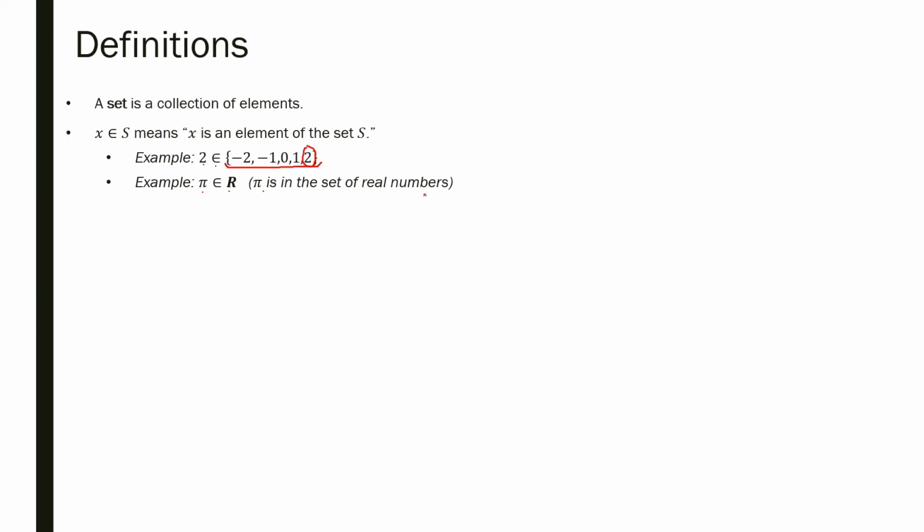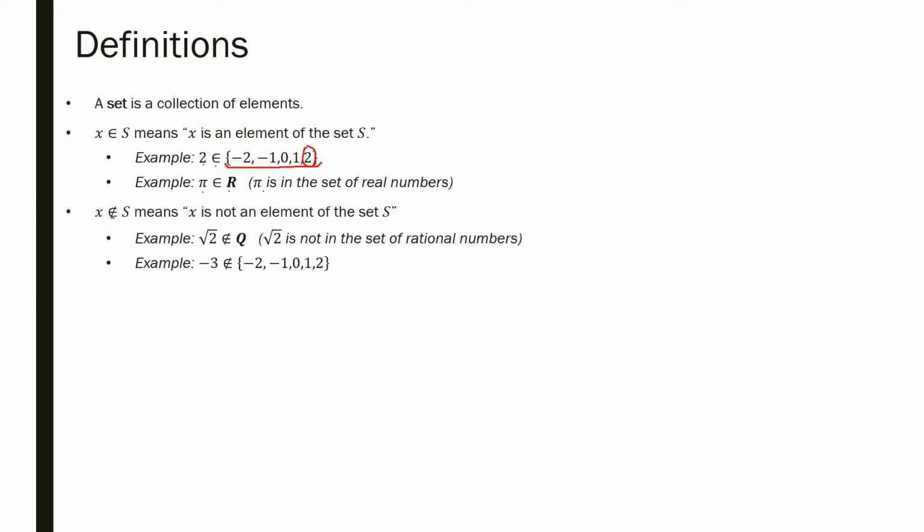As we know, if there's a slash through this little E-looking symbol, it means that x is not an element of the set S. So, for example, the square root of 2 is not in the set of rational numbers. Another example, negative 3 is not in this set because negative 3 obviously is not listed.